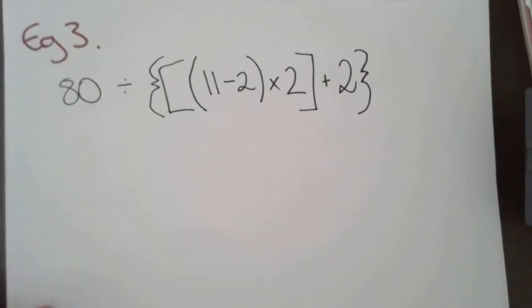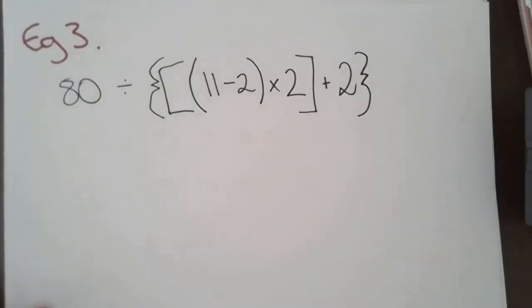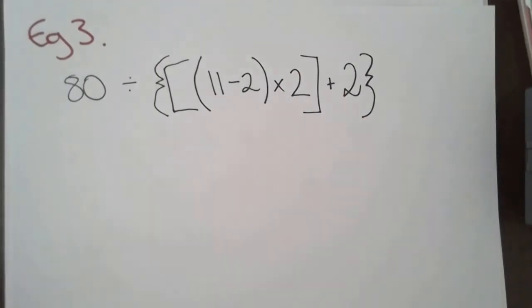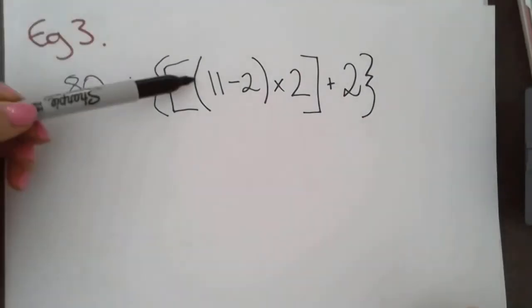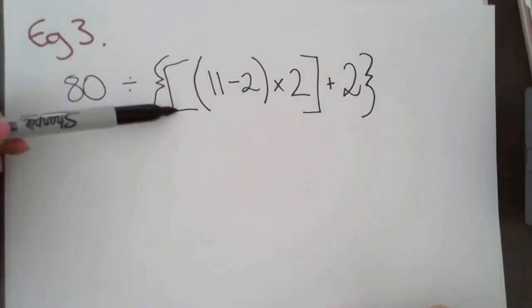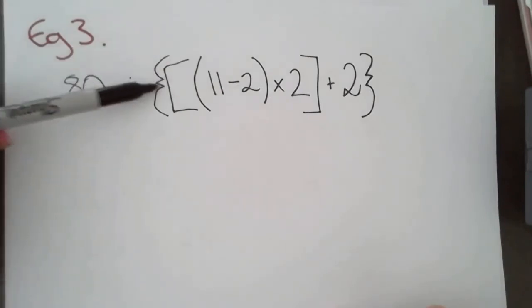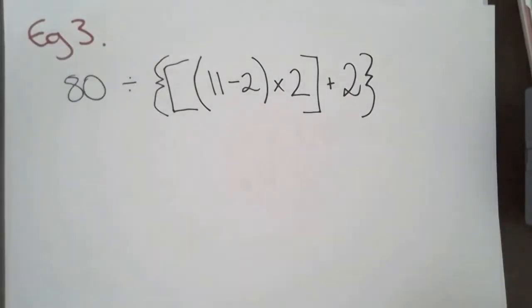Okay, last example. This one looks a bit trickier, but it isn't really. These are just different examples of different types of brackets you can see. So if you've got more than one set of brackets, they tend to change them to that square type bracket and then that kind of squiggly bracket that you almost see in music sometimes.